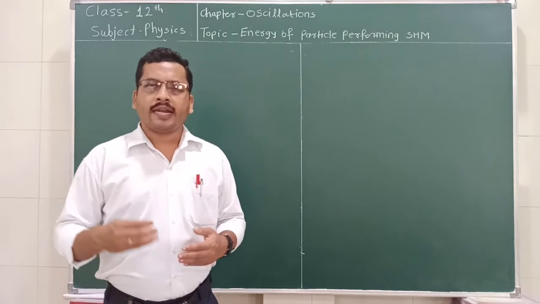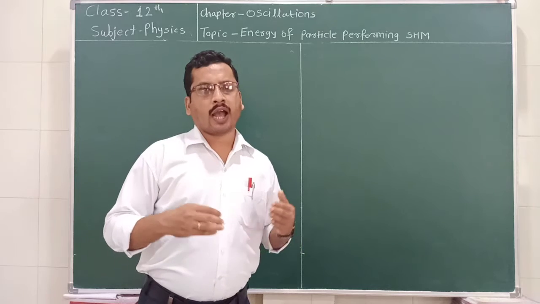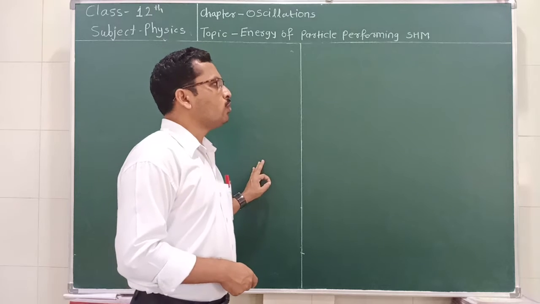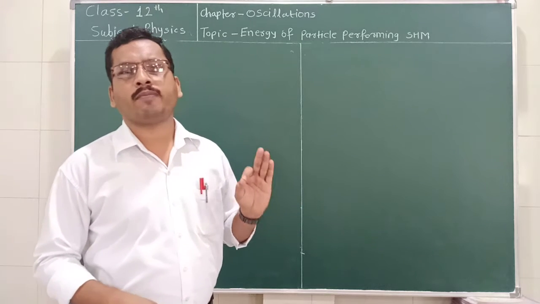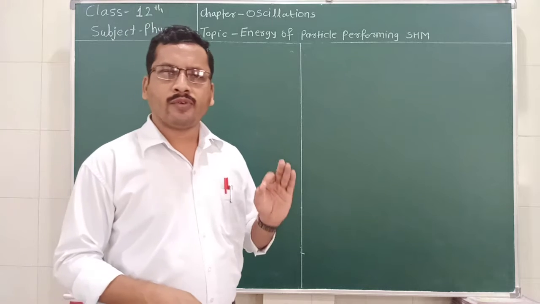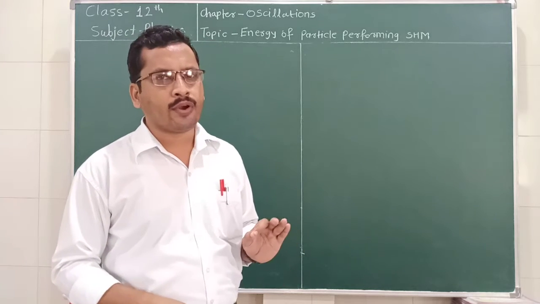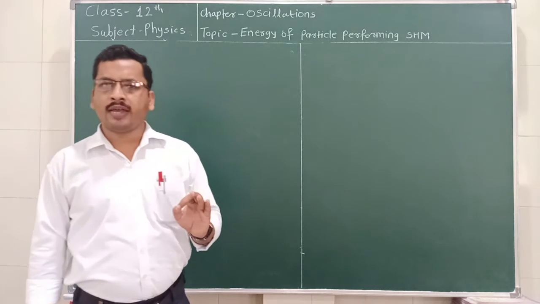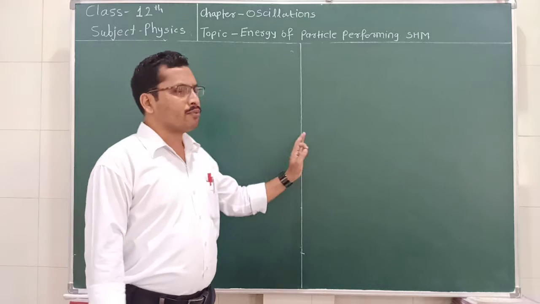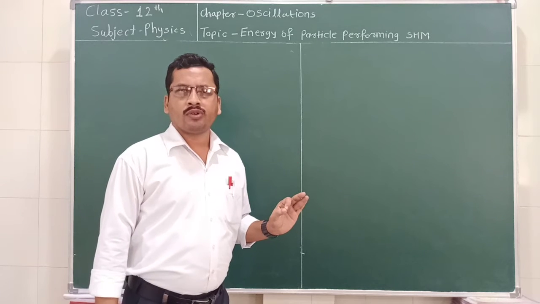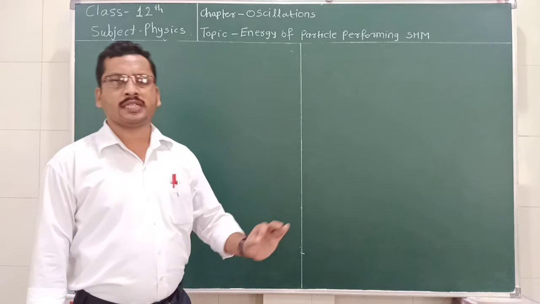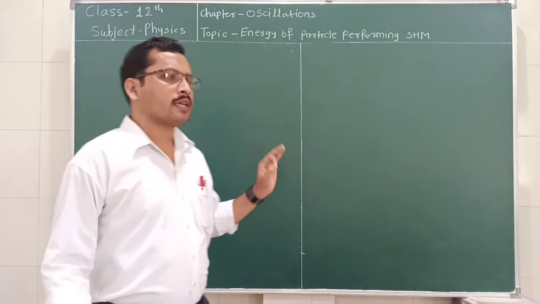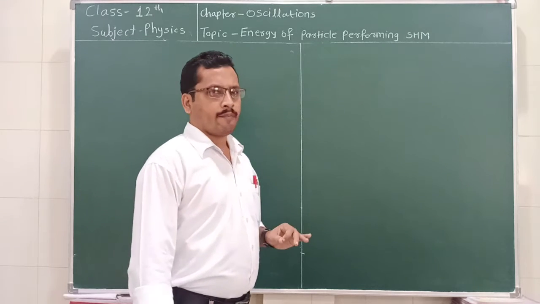The kinetic energy of a particle performing SHM is due to its velocity, which is different at different points. We know that velocity at the mean position is maximum and velocity at the extreme positions is zero. So the velocity changes, therefore the kinetic energy also changes.